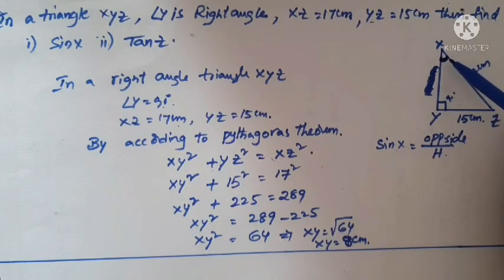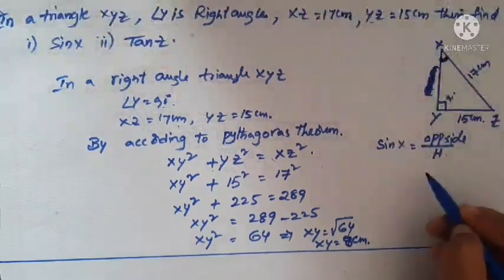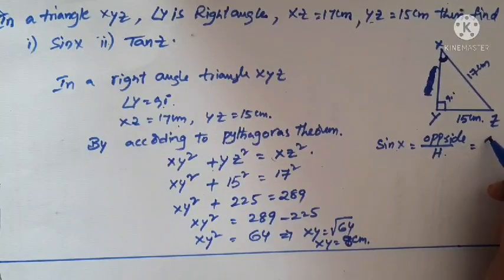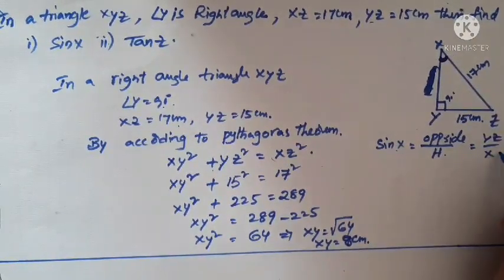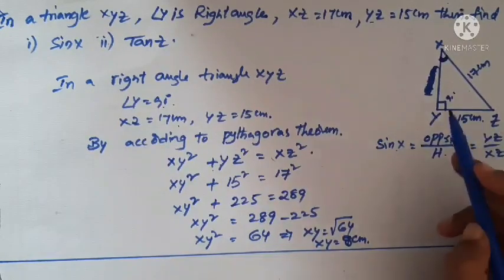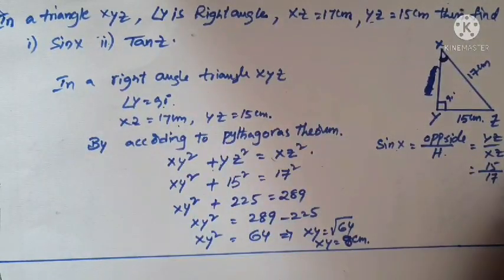So what is the opposite side of angle X? YZ is the opposite side of angle X. And now YZ by what is the hypotenuse? XZ. How much is the YZ value? 15. How much is the XZ value? 17. So the sin X value is 15 by 17.